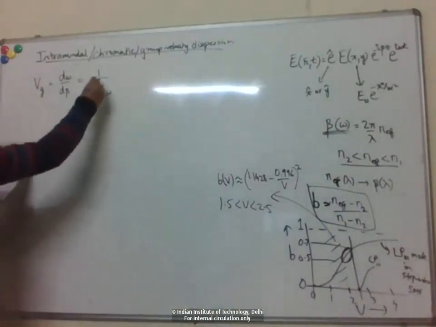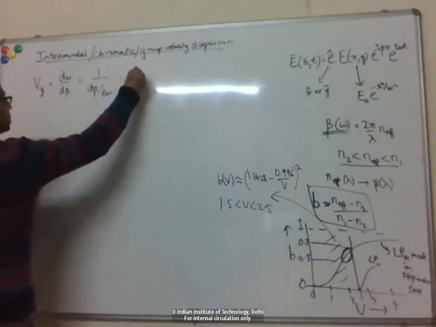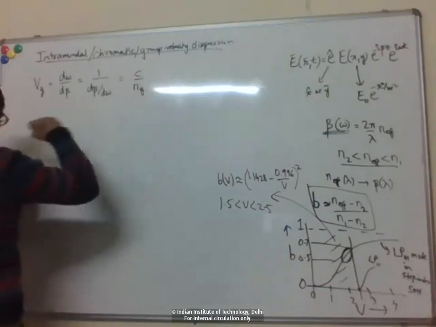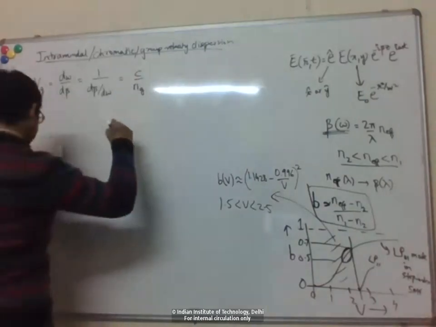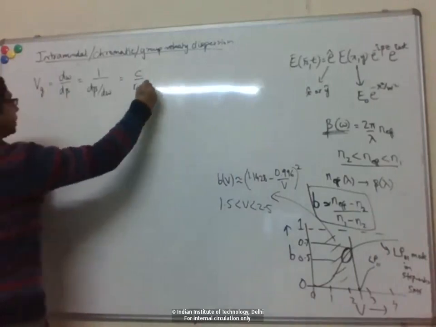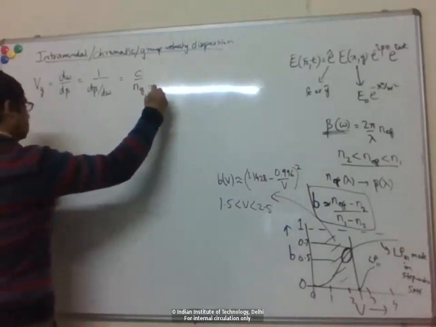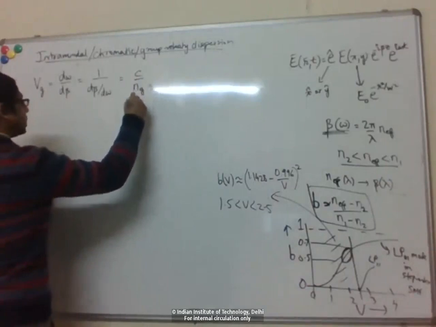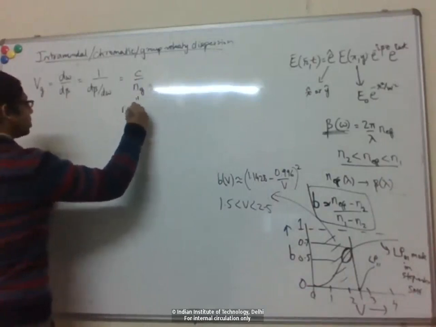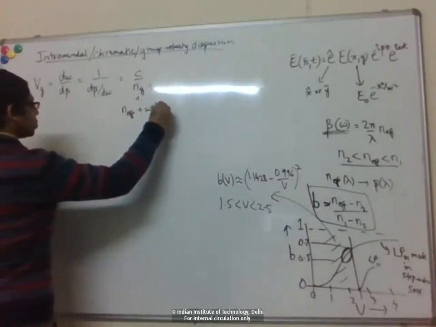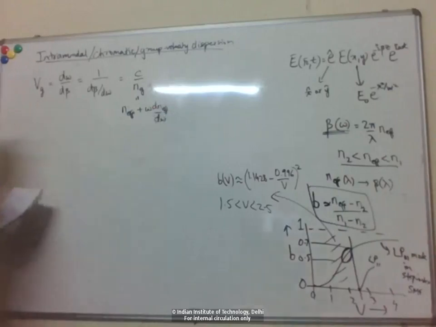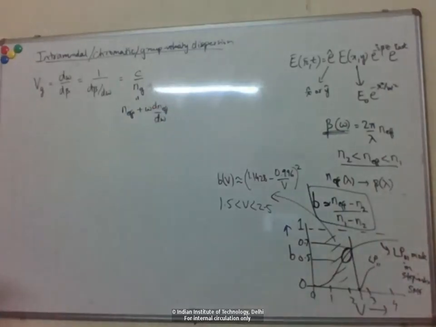We can also write this as c over Ng, if you recall, where Ng is the group index.